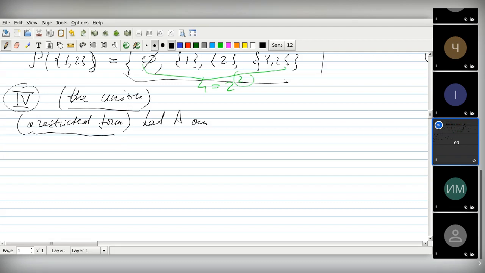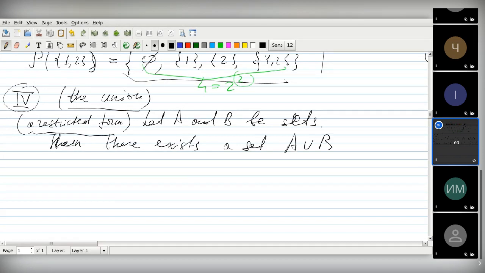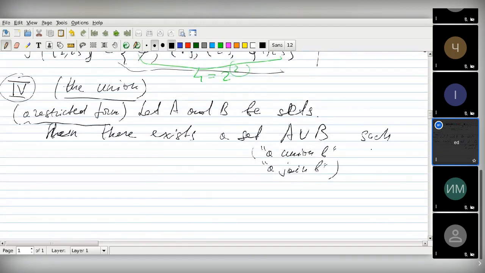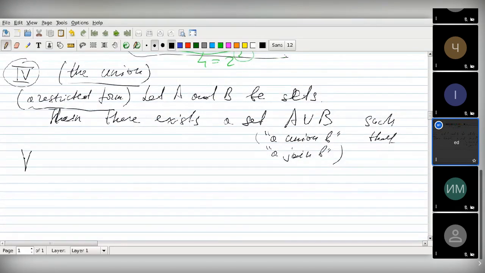In a restricted form, it says exactly the following. Let A and B be some sets. Then there exists a set A union B, or they also pronounce it A join B, such that, I'm sure you already know this set, x is an element of the union when?